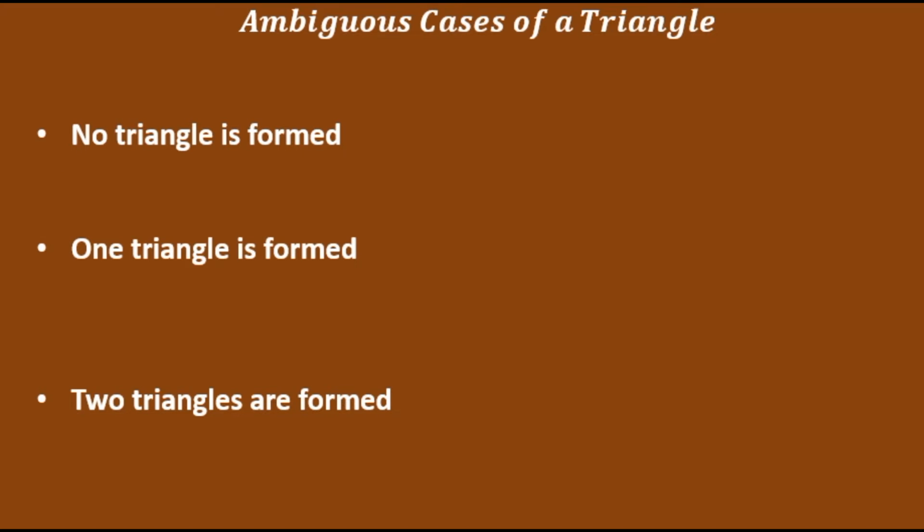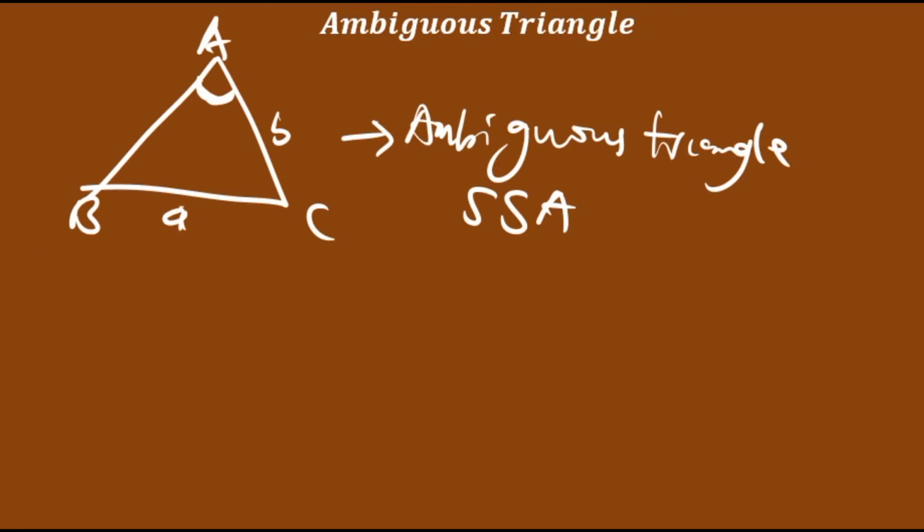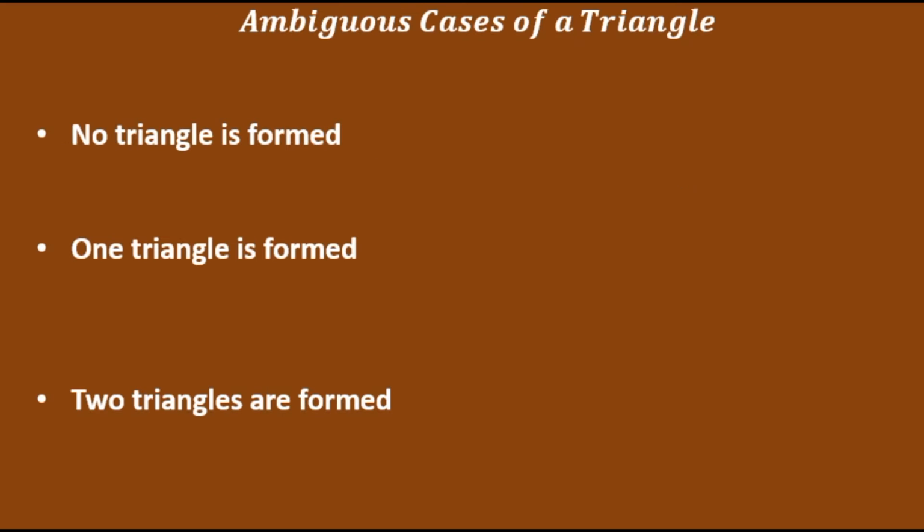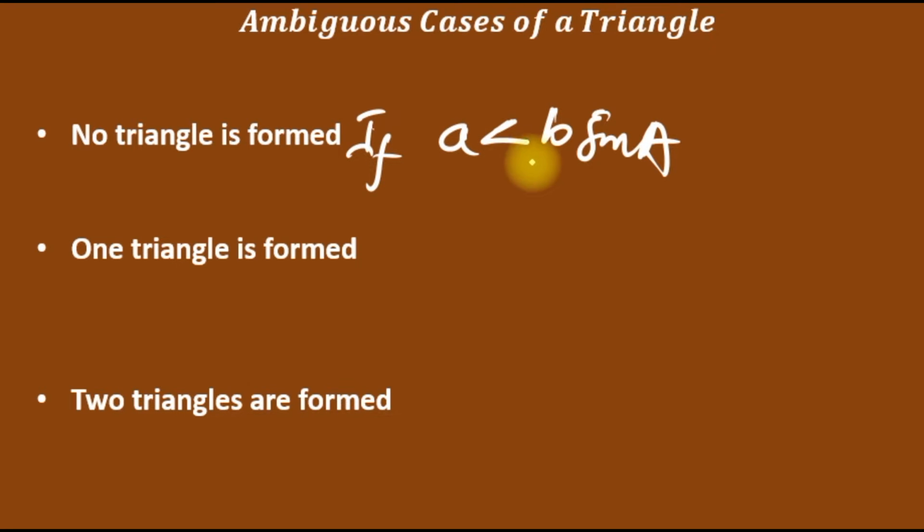Since in this triangle you are given a, b, and an angle opposite a, no triangle is formed if a is less than b sine A. So if you notice that a is less than b sine A, no triangle is formed.